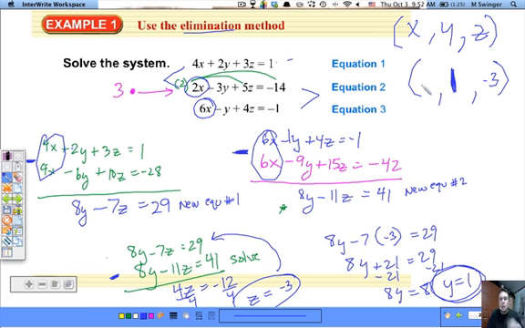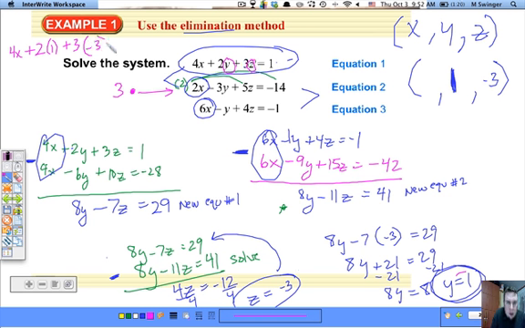We need x left over. So where do we go for x? We have to go up to one of the originals. So let's take the first one. Okay, so not a lot of space here. So 4 times x plus 2 times y, which we know y is 1. So 2 times 1 plus 3 times z, we know z, it's z equals negative 3.